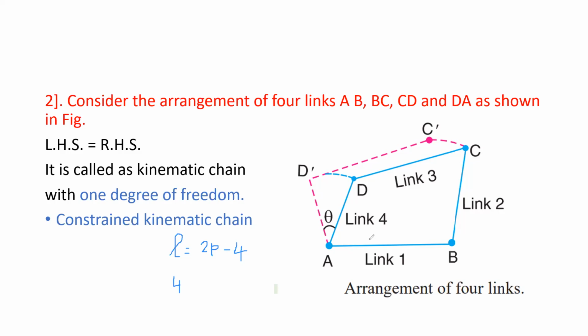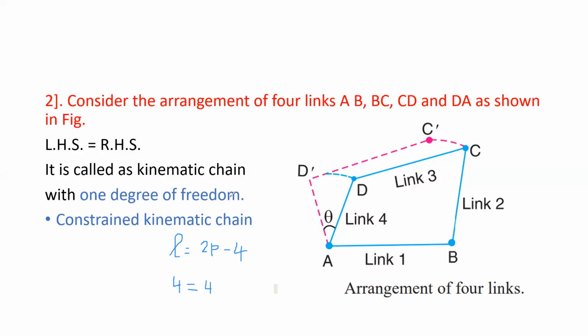How many kinematic pairs will be formed here? 4. 4, correct. So here if I put 4 in this formula, 2 into 4, 8 minus 4, 4. So on right hand side also I will get 4. So I can say left hand side is equal to right hand side. Means it is a kinematic chain.